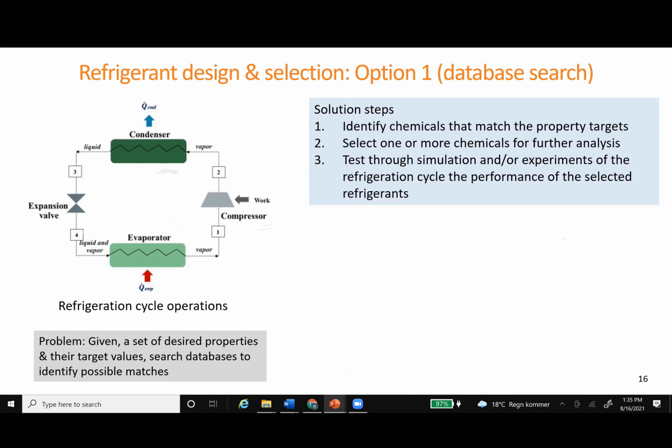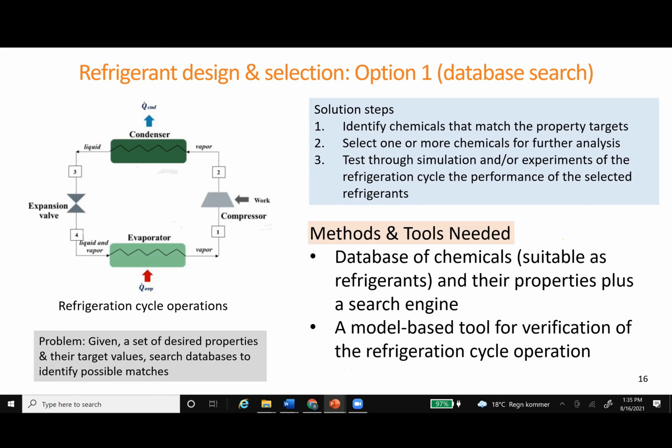So the solution steps I've given, what are the methods and tools? We need a database of chemicals. Now, database of chemicals can mean a lot of things. There are more than 1 million chemicals. So which of them are suitable as refrigerants? Refrigerants are not big molecules, they are small molecules.